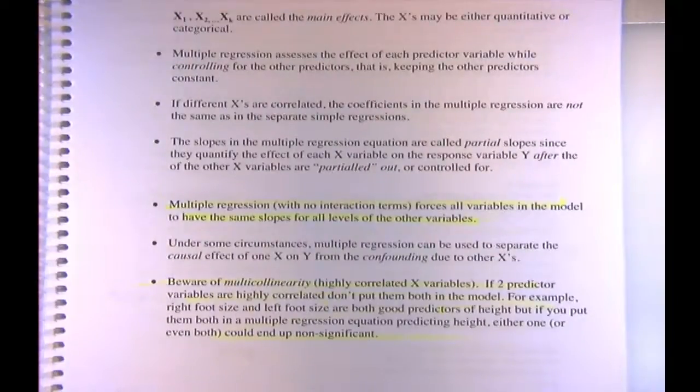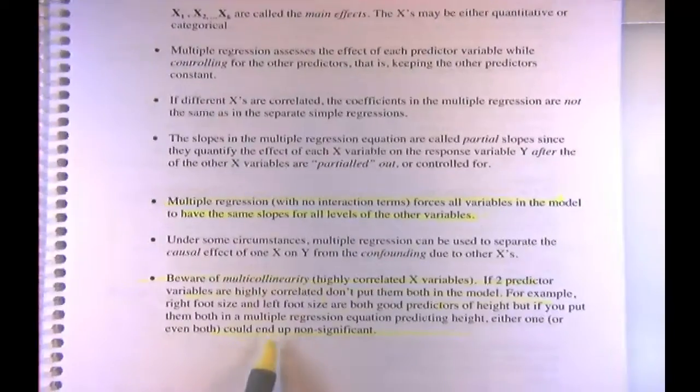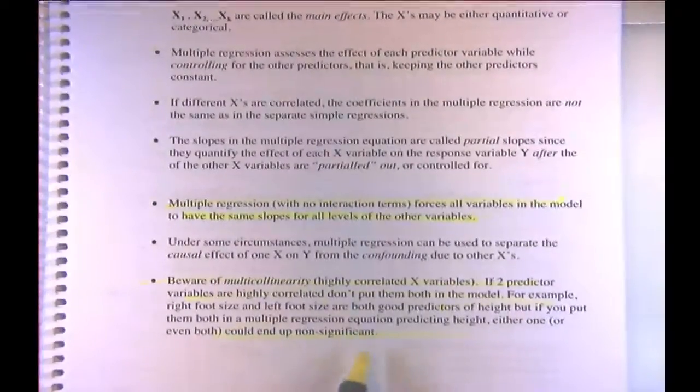But if you put those both in there, since they're predicting pretty much the same thing, very strange things can happen. You could easily get one significant, but if you put them both in the model predicting height, either one, and sometimes even both of them, can end up non-significant.